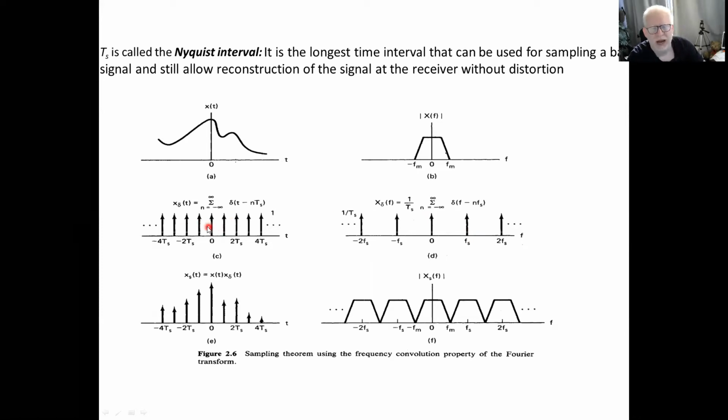So whenever you decrease the sampling time, the sampling frequency increases. This is a reciprocal domain. And then the multiplication process in the time domain will be represented by a convolution process in the frequency domain, and then you can get these different versions of the spectrum.